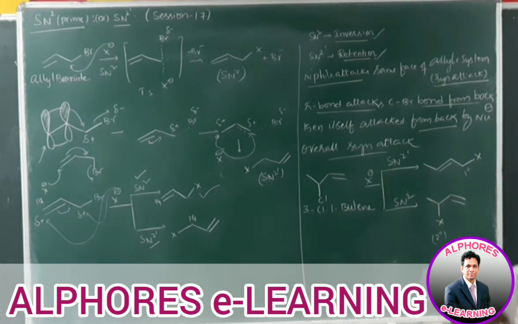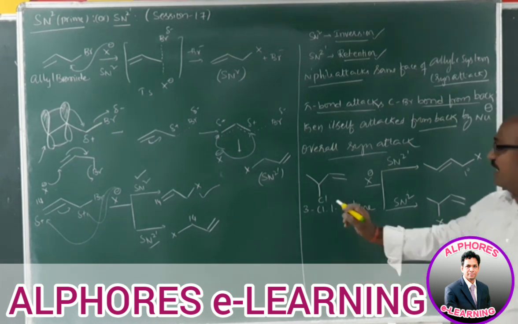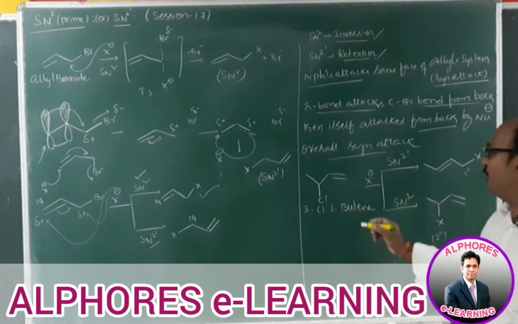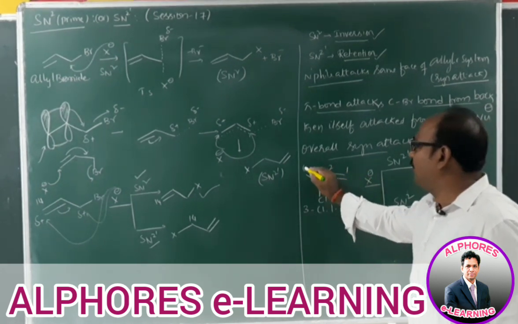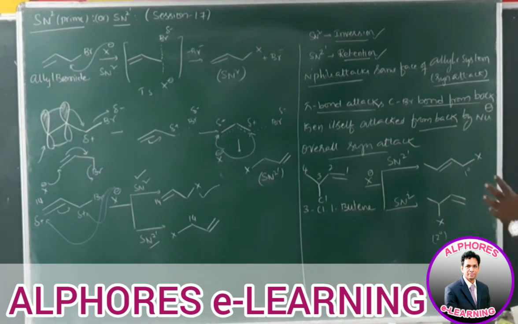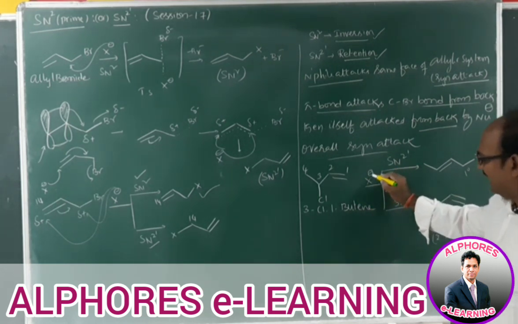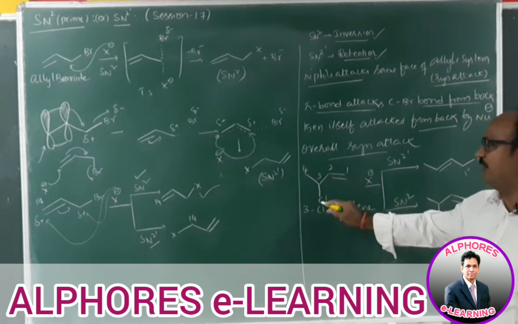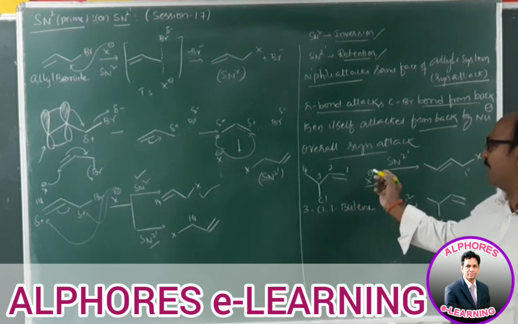See, that's the same concept; both SN2 and SN2 dash products we can notice. If the substrate is 3-chloro-1-butene, numbered 1, 2, 3, 4, and the X minus nucleophile approaches here: for the SN2 product with respect to this allylic system, the leaving group is on the third carbon, so X minus has to attach to the third carbon again.